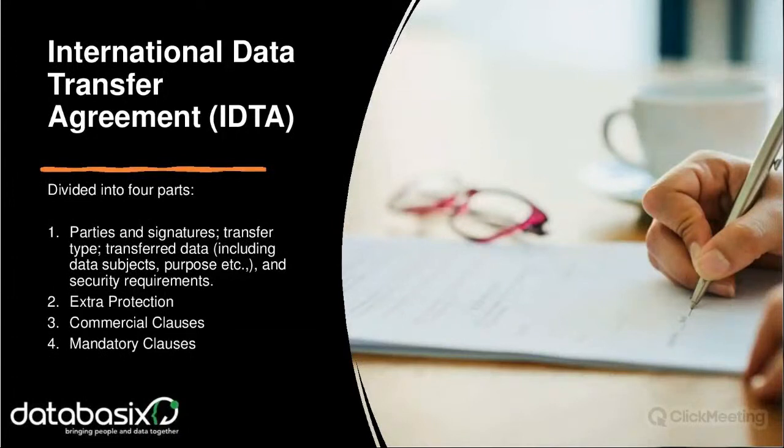So, like I said, in most instances, once you've done your risk assessment, you are likely to be using the addendum to the EU standard contract clauses. If that's not what you want to do and you've got a new contract, it's UK to a non-adequate country, and you're going to use the International Data Transfer Agreement, again, use the template that's on the ICO website.